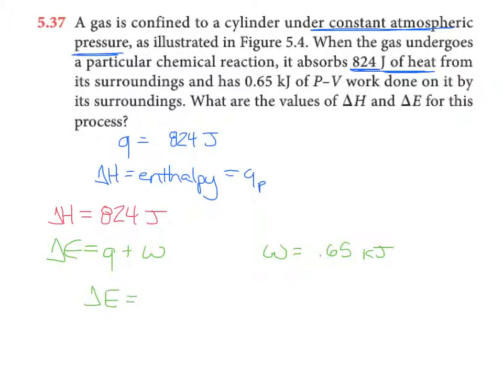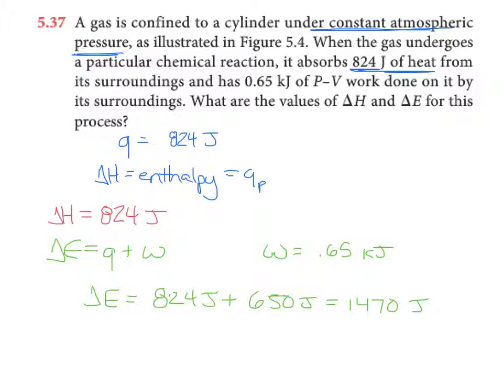And it shouldn't really matter which units you use, whatever you're in the mood for. So let's just go joules. And 0.65 kilojoules, what is that going to look like in just normal joules? 650. So you should end up with something around 1470 joules. And if you're going to change that back into kilojoules, 1.47 kilojoules.